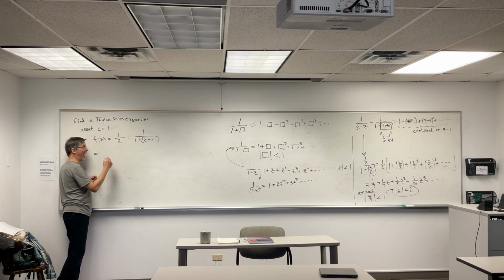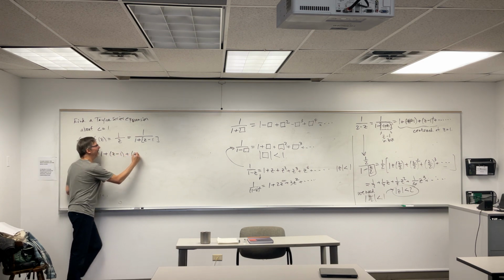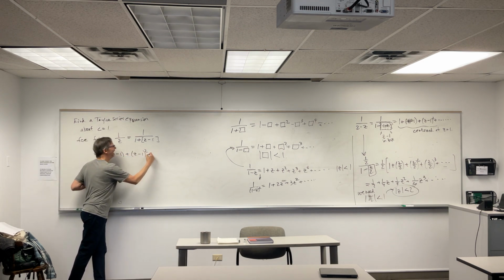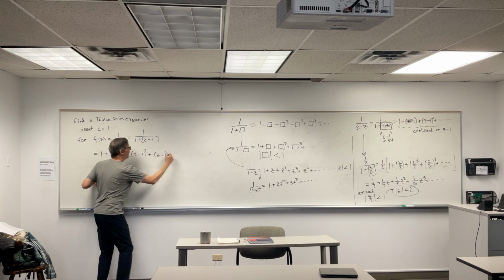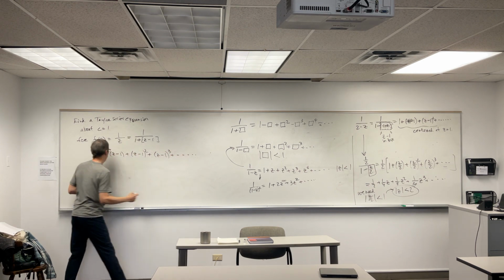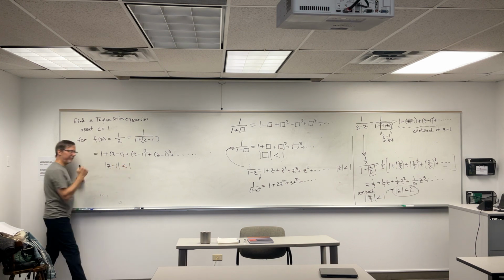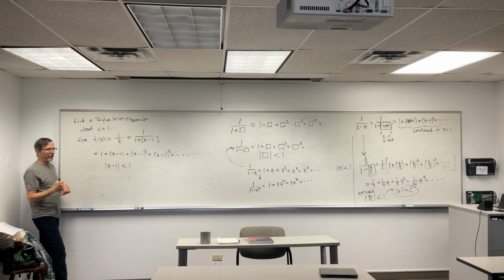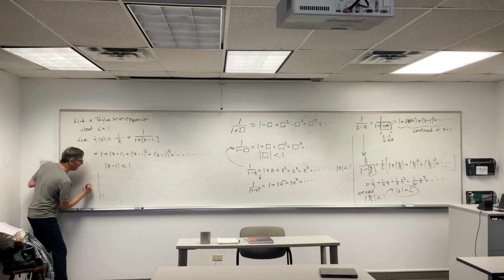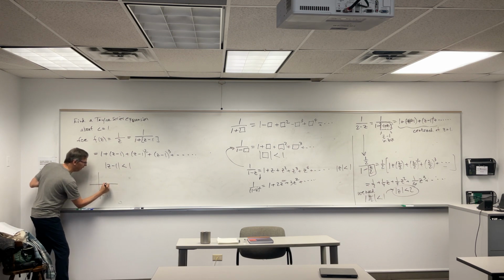Oh yeah, I am doing that. It's z in a circle centered at 1. Correct, the radius is 1. Yes, sir. Right. That's the condition. So yeah, our radius, our disk of convergence.